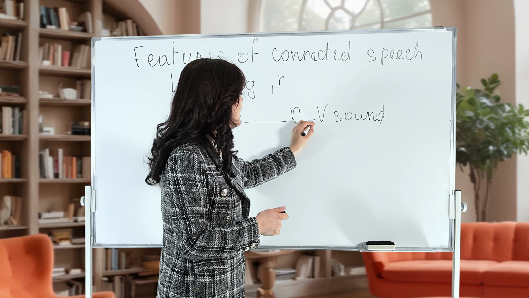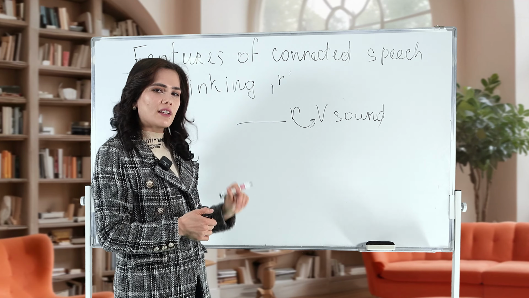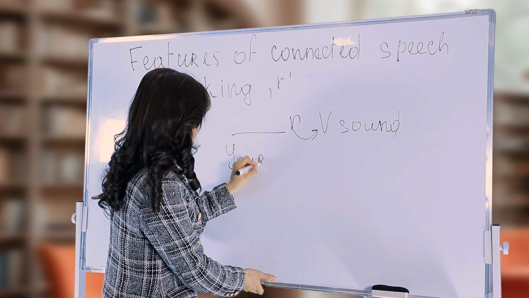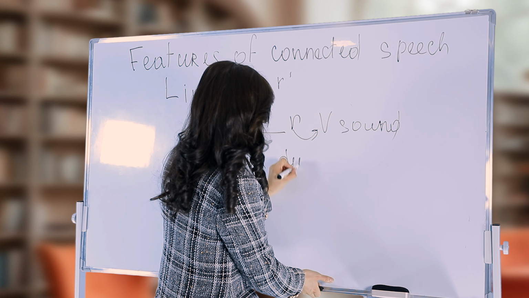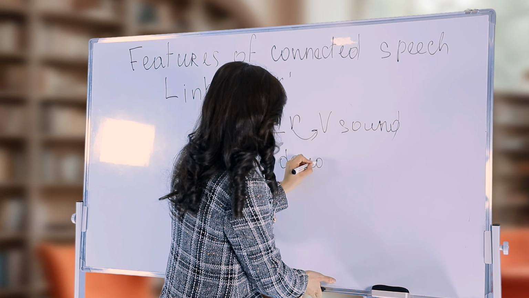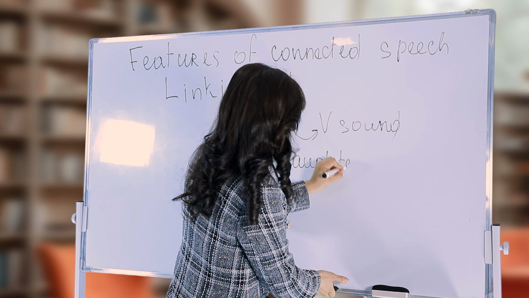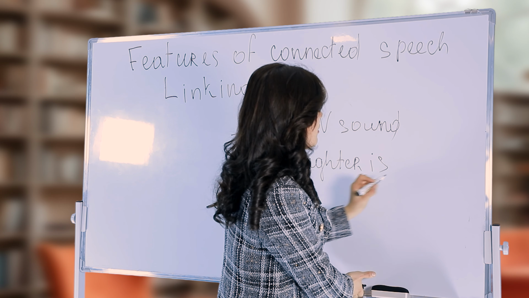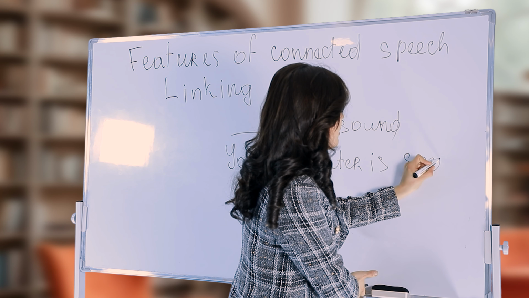and it is called linking R. For example, your daughter is smart, let's say.